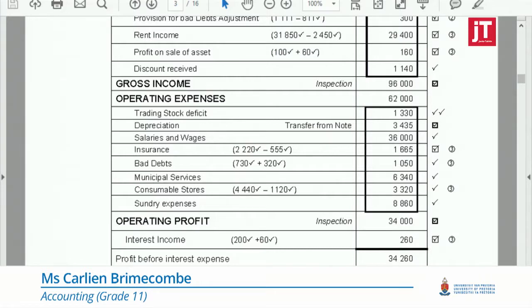They haven't updated the depreciation. Right. Can we move on?